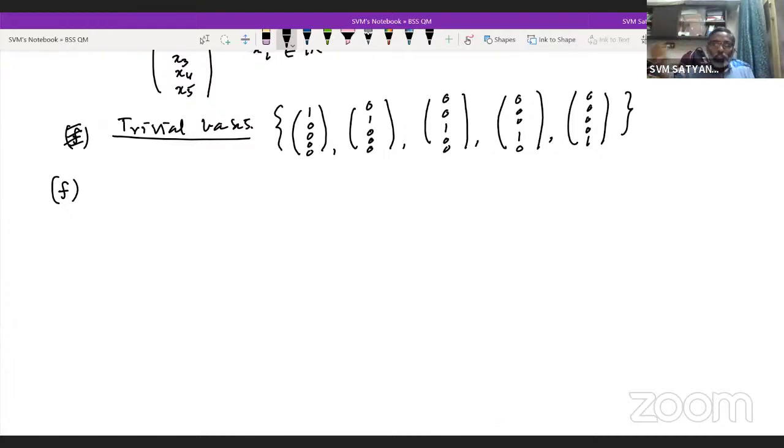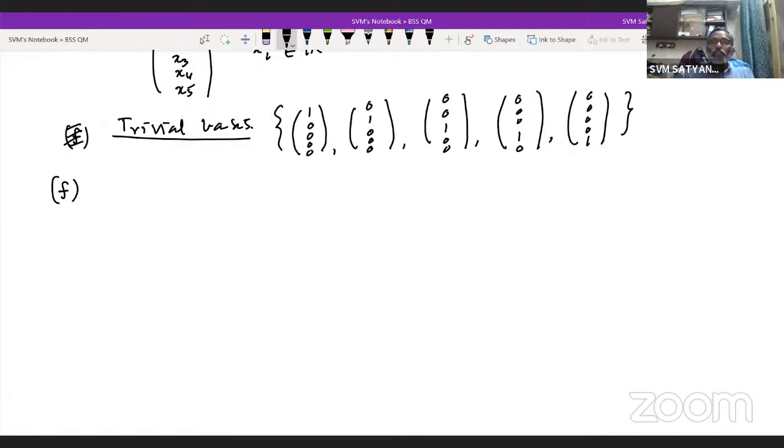From some set to another set, correct? And if the set is continuous, like real number to real number, then you can say it is a function of x, and x is a real number, f of x is also a real number. Such continuous functions only we can do Taylor expansion, correct? For any map, we will not be able to do Taylor expansion.